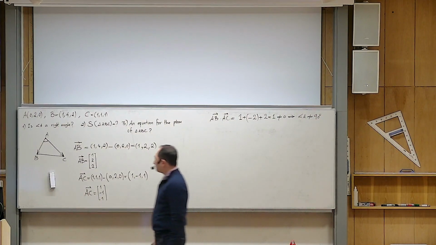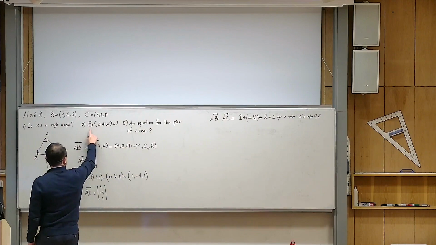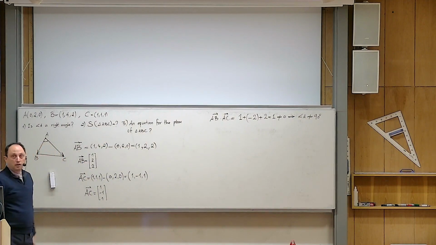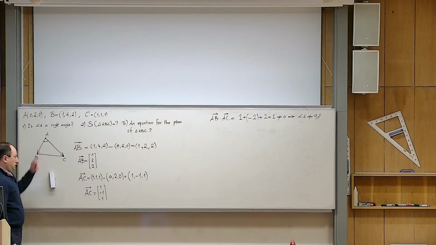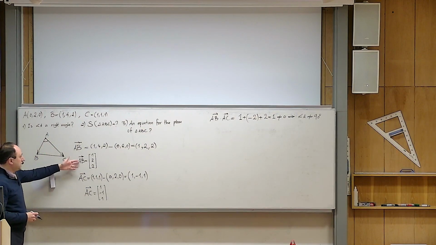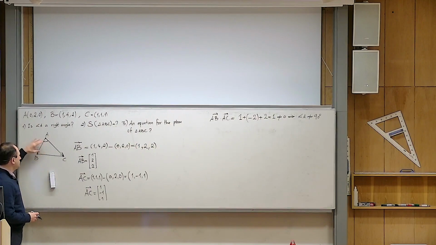Very simple. Now we want to find the surface area of this triangle. So what can I do? That's also one important thing that you need to know in this course. If you want to find the area of this triangle, you cross product two of its vectors. Any two vectors will work. We have already calculated AB and AC, so let me use them.